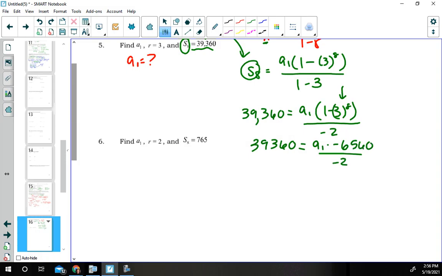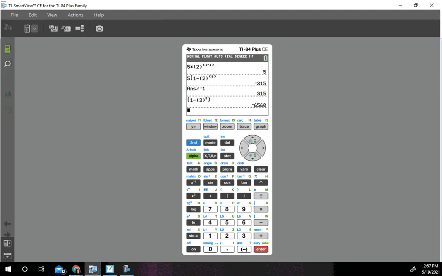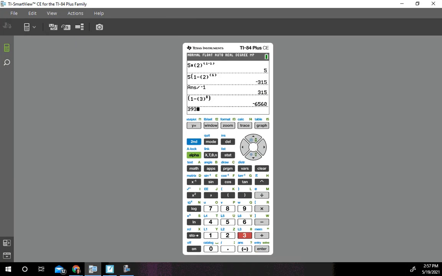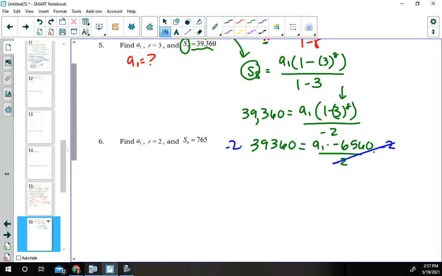So now it's just, okay, I could divide that by negative 2. Another option is I could multiply this negative 2 over to the other side to get rid of it. So 39360 times negative 2.